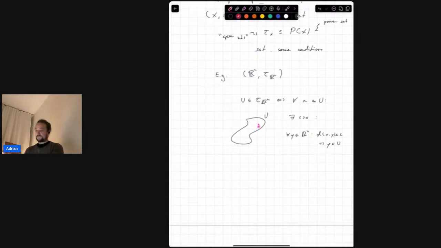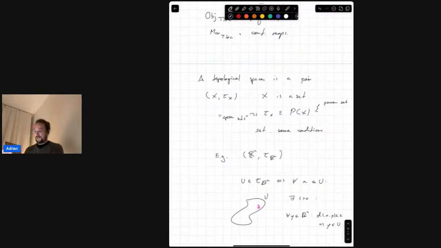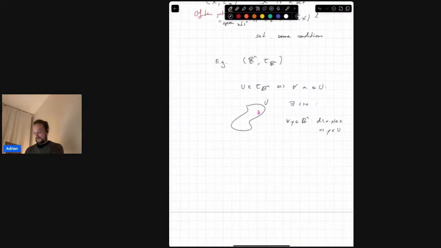And then a continuous map. So from now on, I'll stop writing tau x. I'll often just write x. Right. So a map between X and Y, where X and Y are topological spaces, is continuous. We'll just write it out a bit more cleanly.